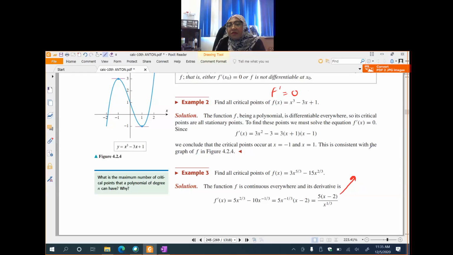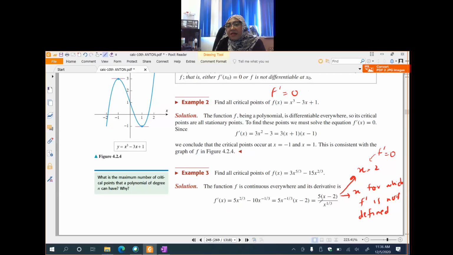One is x equal to 2, which makes f prime equal to 0, and another one is the point x for which f prime is not defined. What makes f prime fail to be defined?